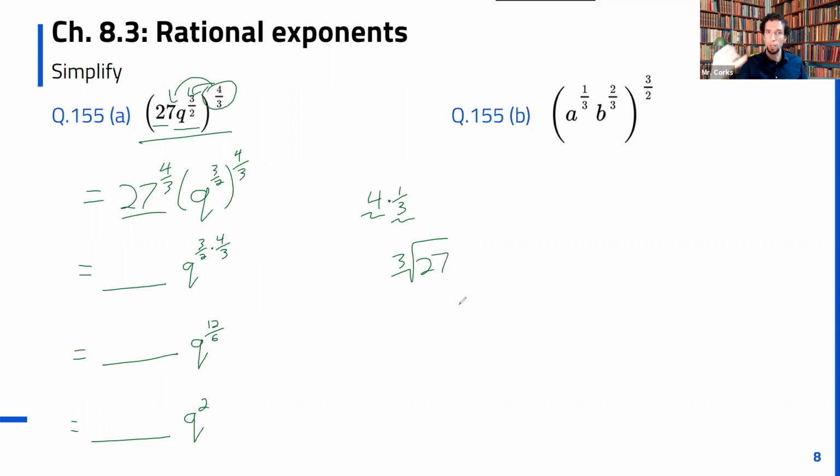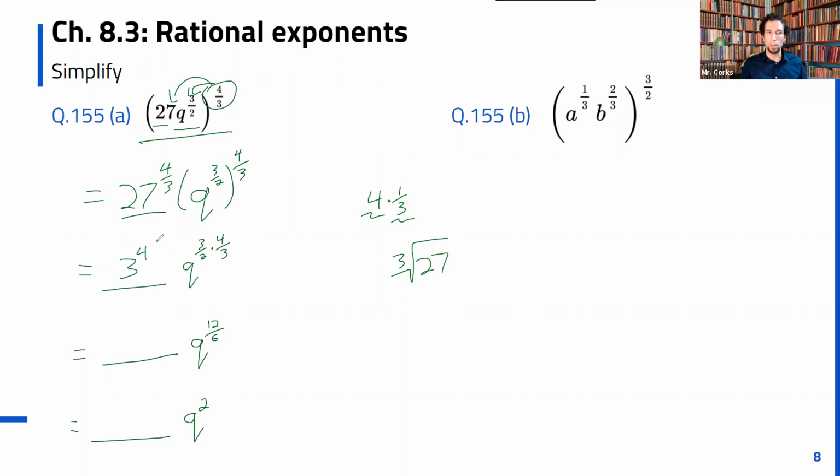That's 3 cubed. Not 9, it's 3 cubed. So 3 times 3 times 3. Okay, I'll get to our solution. Just hold on a moment. So this part here first, cube root of 27, then that's 3 to the exponent 4.